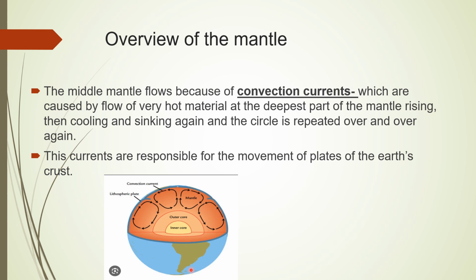So now, the statement is saying very, very hot material at the deepest part. So meaning that there is the upper mantle, there is the middle. So at the middle, at the deepest part of this layer, we find very hot material.